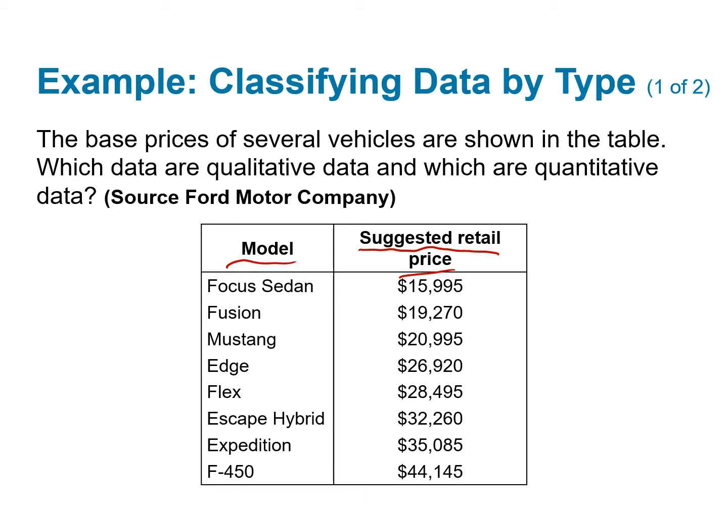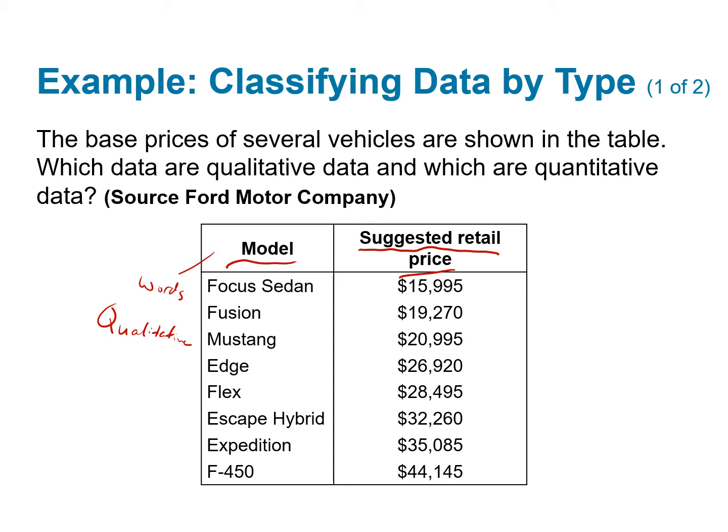So these are words that are describing the model of the car. So since these are words, these have to be qualitative. So the model is a qualitative data variable. Now let's look at the second variable we have, suggested retail price.